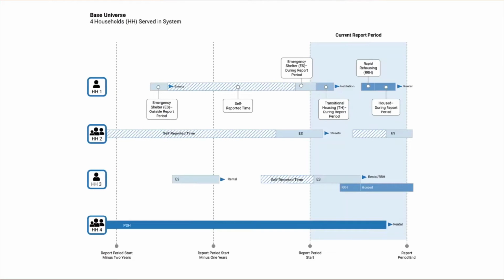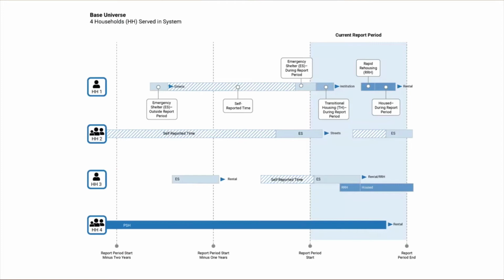Households served in emergency shelter, safe haven, transitional housing, rapid rehousing, or permanent supportive housing projects are included in this base universe, even if they did not have a single day of homelessness during the current report period, the time shaded in blue. A household who was housed in a permanent supportive housing project during the entire report period will not be counted towards any performance measures, but is still included in the base universe.